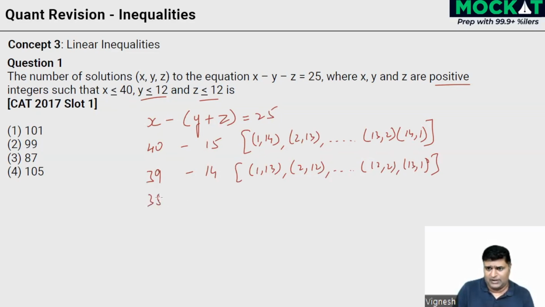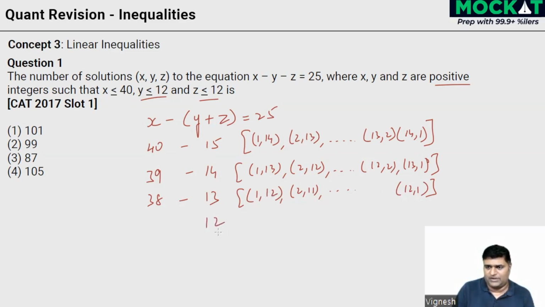If x is 38, it's going to be 38 minus 13, and if it's 13, I'm going to start with 1 comma 12, and 2 comma 11, and this continues. Let's come to the last one. It's going to be 12 comma 1. This is perfect because the max can be 12.